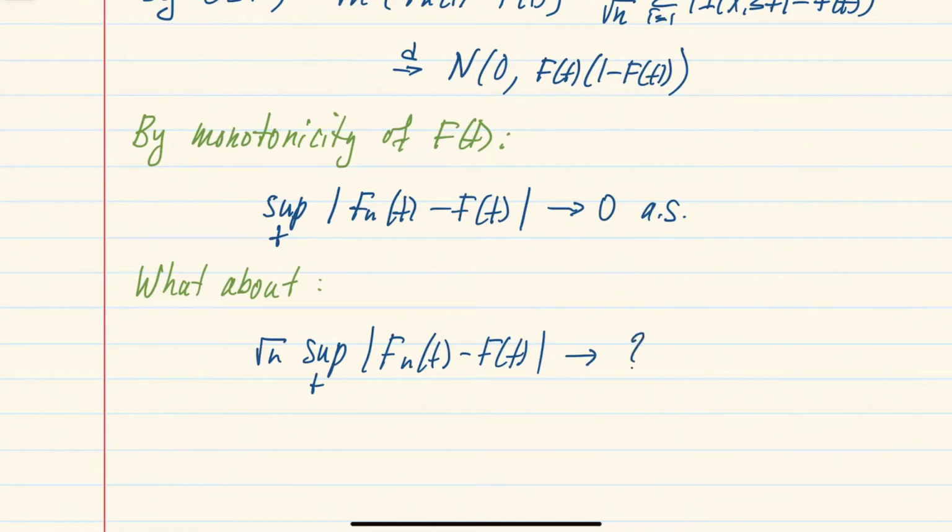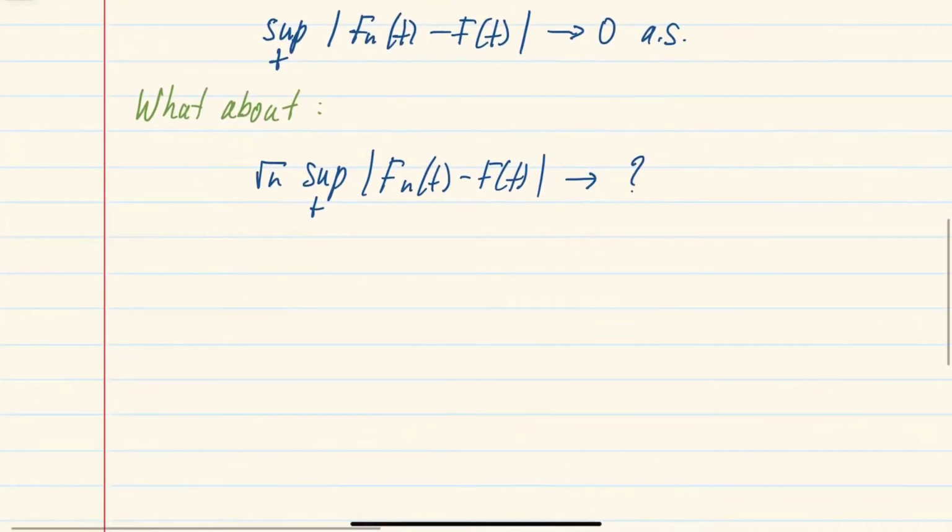Is there a limit of this distribution? That's the question that we are going to study here. And from now on, we will consider this question in the case when the CDF is a continuous function. So we'll assume that the CDF is continuous.